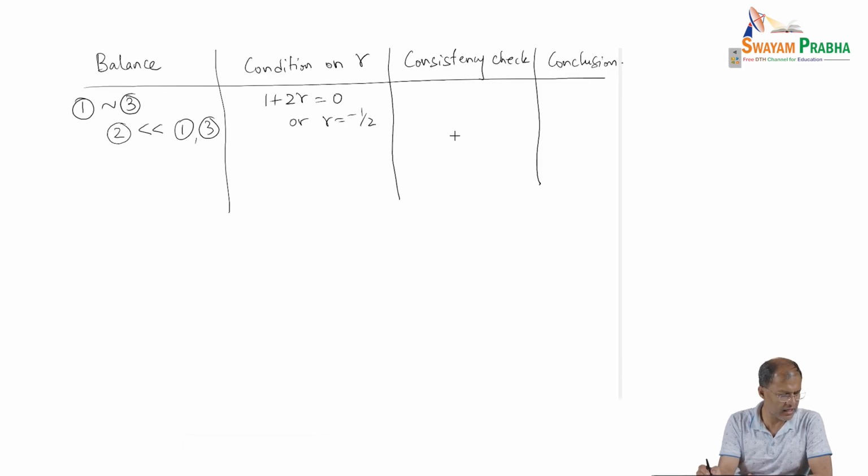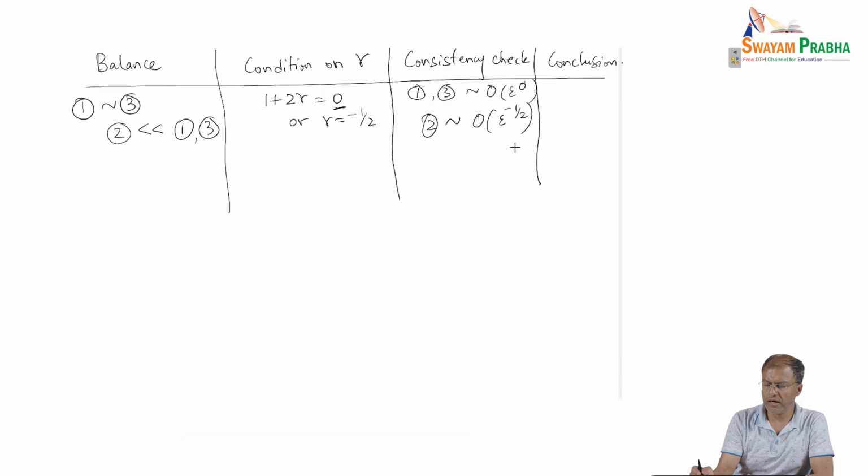The consistency check was that terms number 1 and 3 were of order epsilon to the power 0, and term number 2 was of order epsilon to the power minus half. So certainly the conclusion is that the original assumption was wrong and the conclusion is inconsistent.